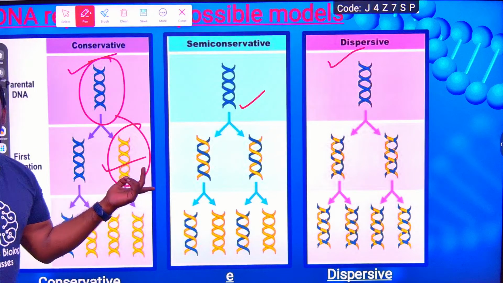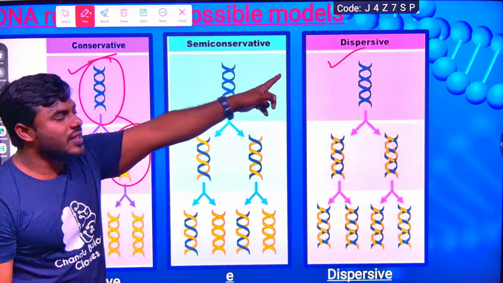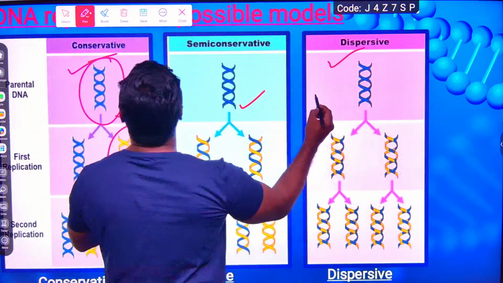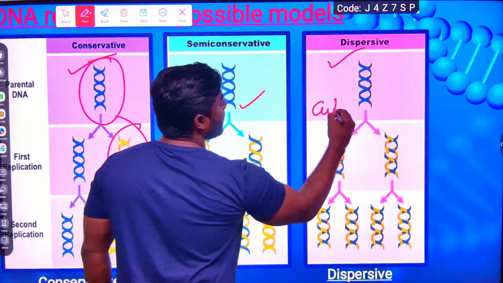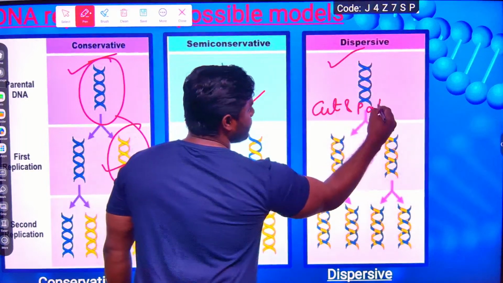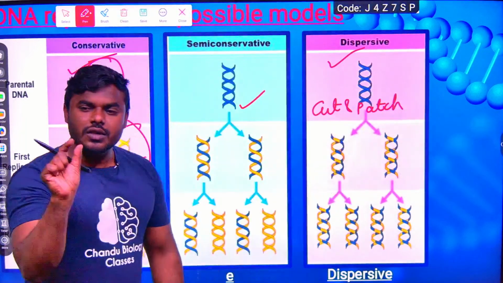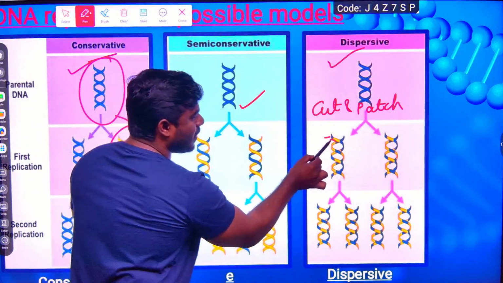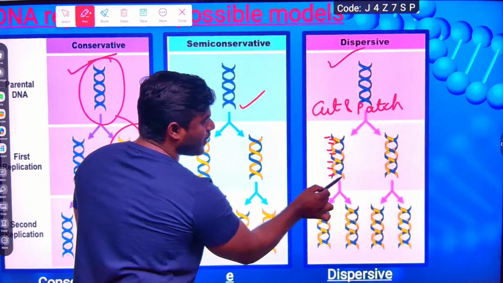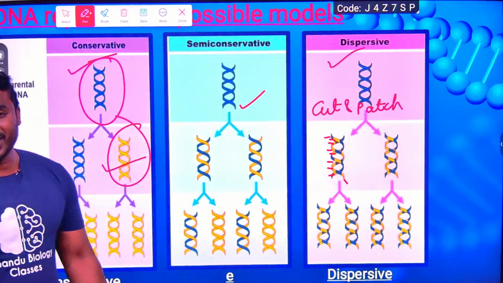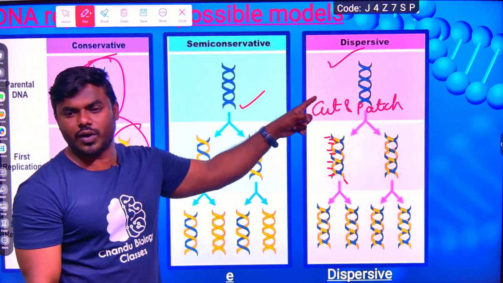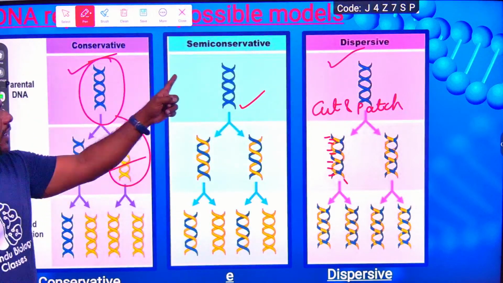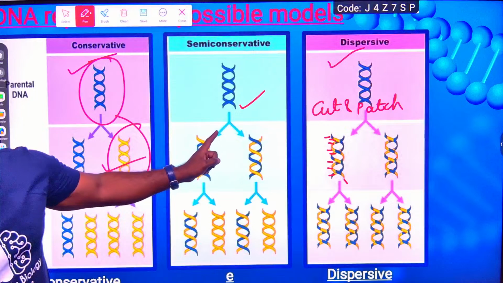But there's no evidence, as we're going to see. There is another model called the dispersive model. The moment you hear the name dispersive model, remember only one thing: cut and patch, which means small parent, small daughter. You can see the color combination: parent, daughter, parent, daughter. That is the dispersive model. One is cut and patch or dispersive, one is the conservative model, one is the semi-conservative model.